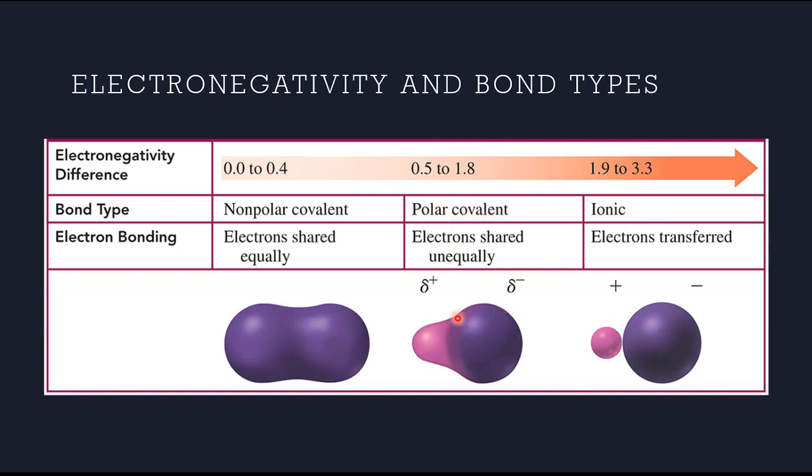And again, you can visualize that unequal distribution as the electrons shift closer to our negative or more electronegative atom versus the positive end of our dipole moment. And then finally, if we're at 2 and higher, then we are creating an ionic bond. The electrons are no longer shared and they're transferred.